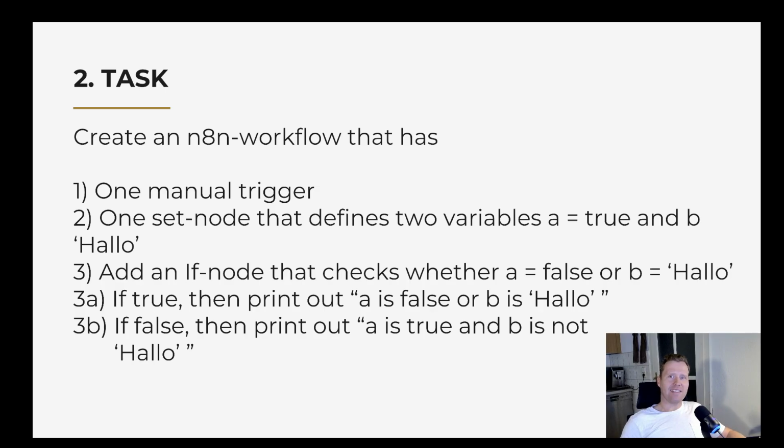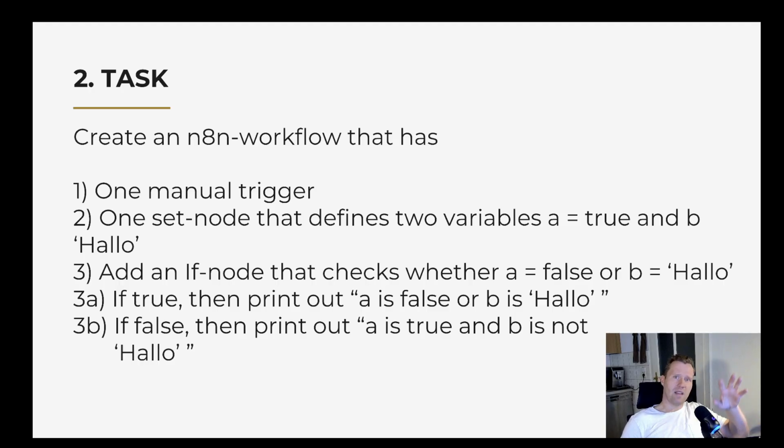Welcome to the task. Please create an n8n workflow that has one manual trigger. Then create one set node that defines two variables a and b. A is initially set to true and b is set to hello. Then add an if node, a decision point that checks whether a is false or b is hello.